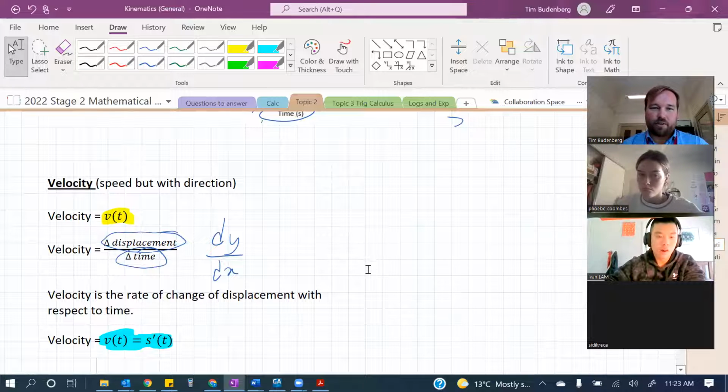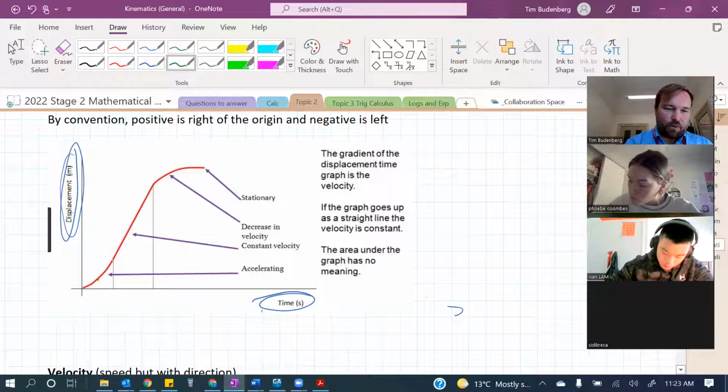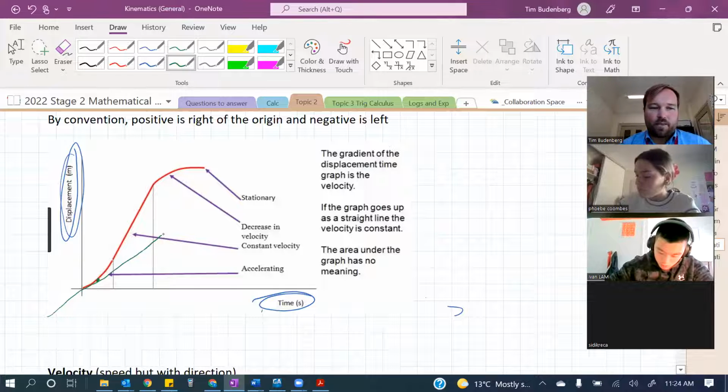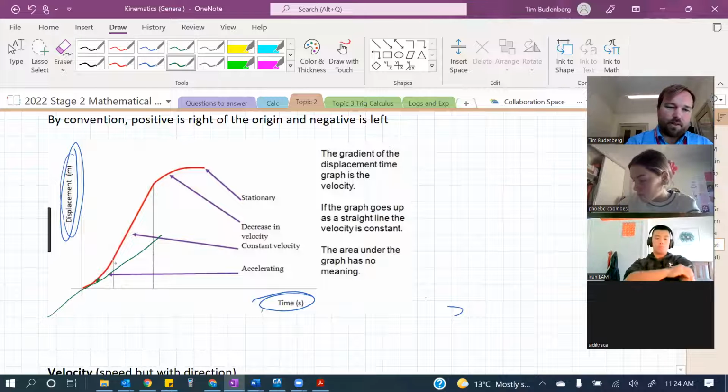I'll just scroll up to look at this graph again. If you imagine its slope at this point here, it's positive. That means it's moving to the right, and it's not traveling very fast. But at this point here, the slope increases. It's more positive now, so its velocity is faster.